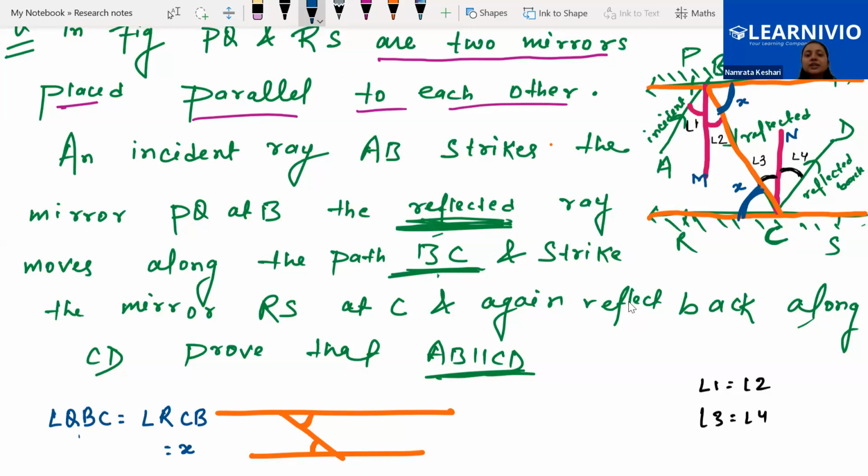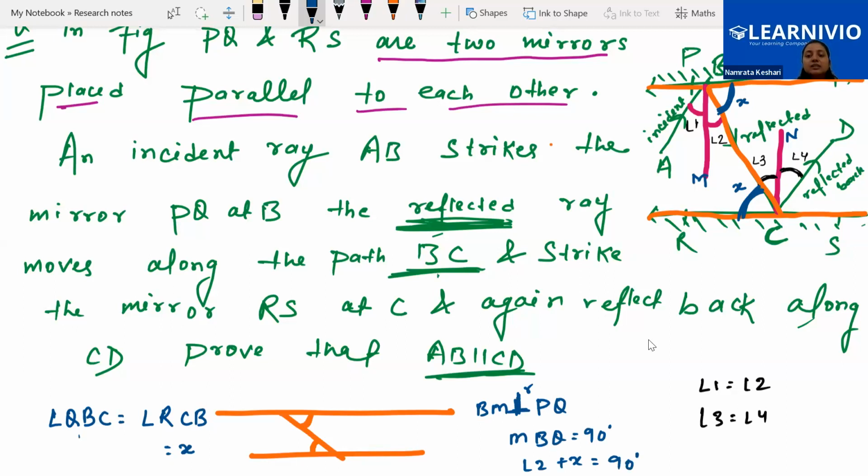Just roughly I'm writing everything to get the idea how to approach this question. Since we have drawn a perpendicular line, BM is perpendicular to PQ. That means angle MBQ is 90 degrees, so angle 2 plus X is 90 degrees.